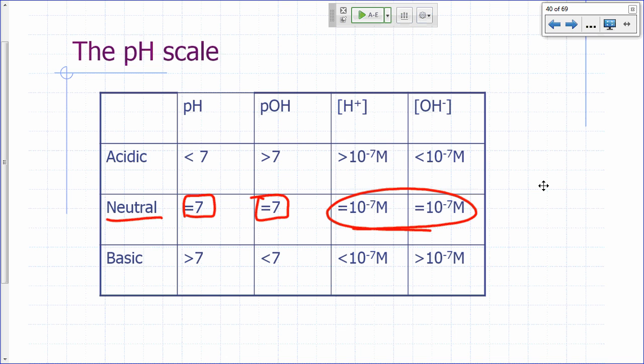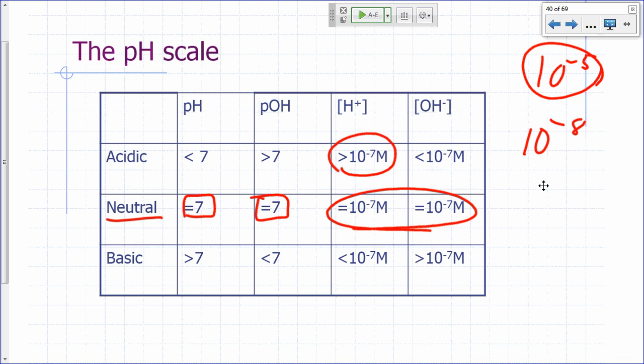How do you get an acidic solution? If your H plus is higher than 10 to the negative 7, what's a number that's higher than 10 to the negative 7? Example, 10 to the negative 8? That's lower, right? So 10 to the negative 5 is an example of a number higher than 10 to the negative 7. What's the pH if H plus is 10 to the negative 5?